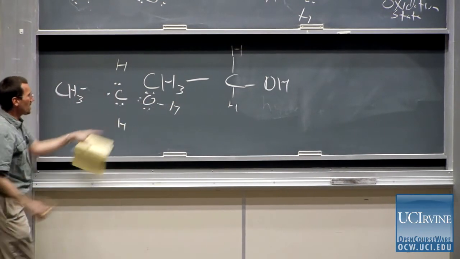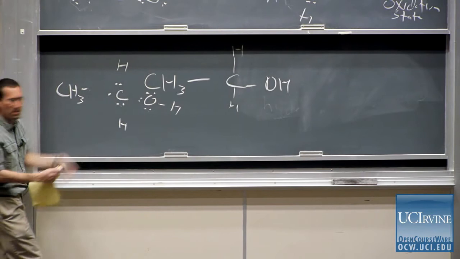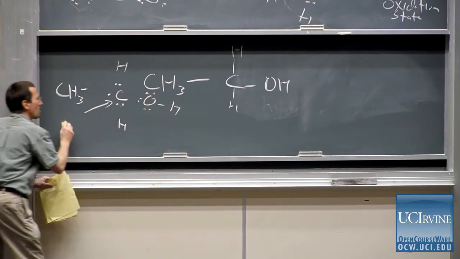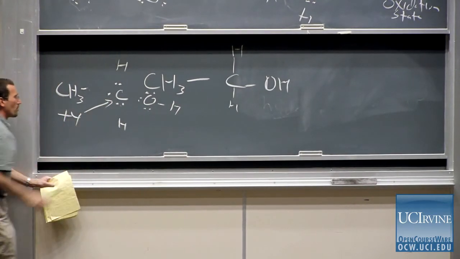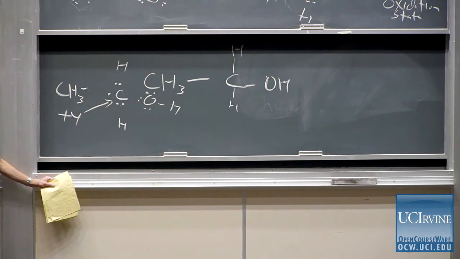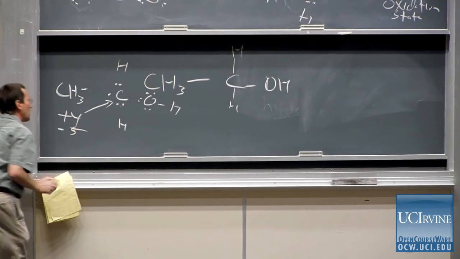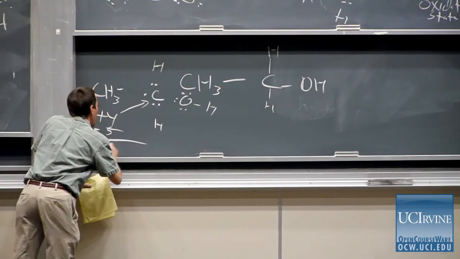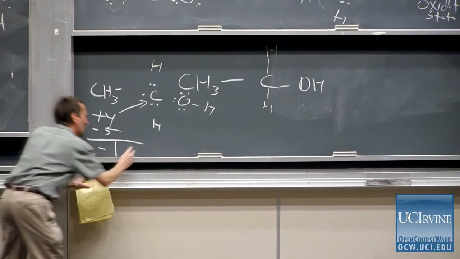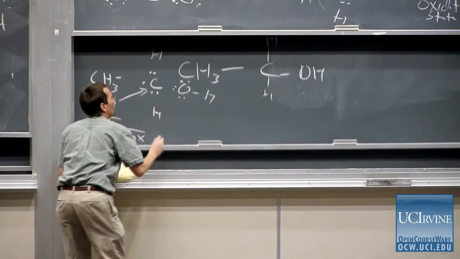And so for ethanol, our carbon is, this is our primary alcohol. Our carbon brings 4 nuclear charges. We take away 5 electrons, and we're at -1 oxidation state.